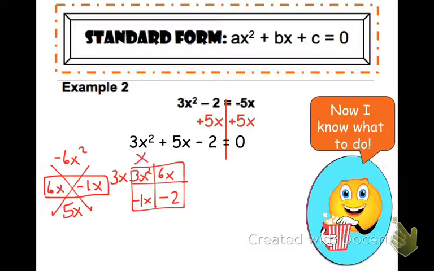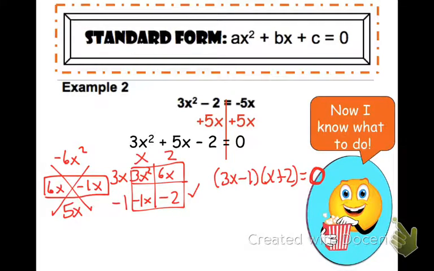So we need an x at the top to get 3x squared. 3 times what is 6? That's 2. And x times what is negative 1x? We need a negative 1. Lastly, 2 times negative 1 checks off to negative 2. So my two factors are 3x minus 1 and x plus 2, and that all equals 0.